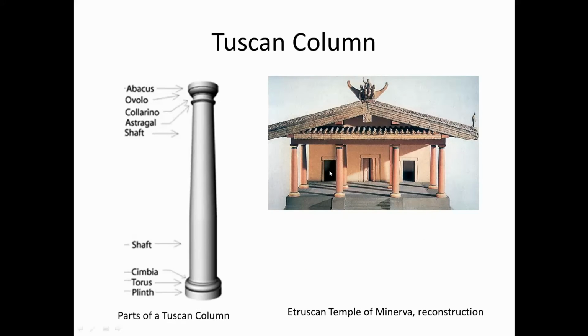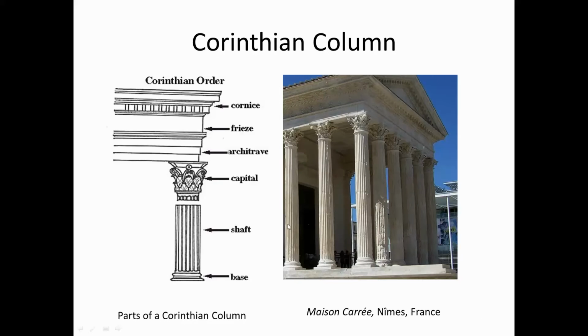The Tuscan column was found in the Etruscan buildings, or at least what we could reconstruct of the Etruscan buildings in Italy, before it was even in Italy. And you can see again it has no fluting, very plain, very simple. The Romans also developed fully the idea of a Corinthian capital, and this is the capital here.